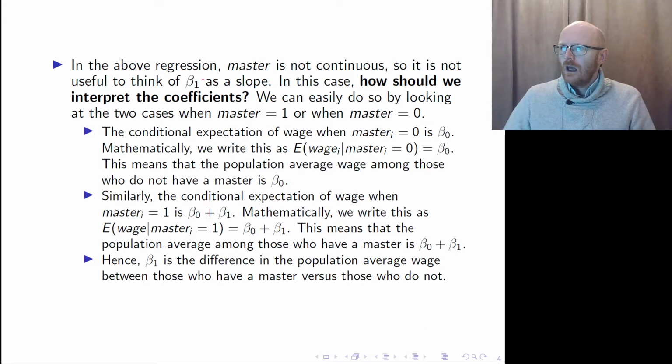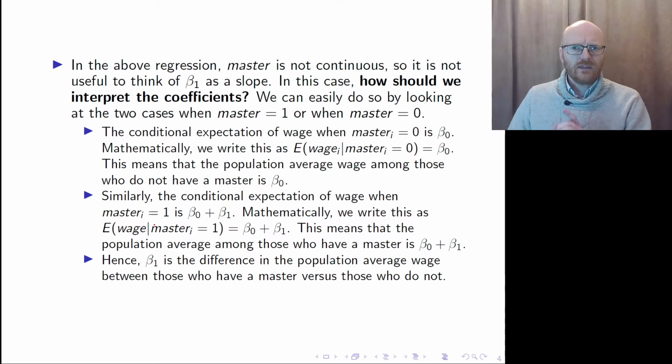So in this regression, the master variable, the dummy variable, is not continuous. So we can't really think of beta 1 as a slope, because we do not have any values for the master's variable between 0 and 1, and we do not have anything outside of that either.